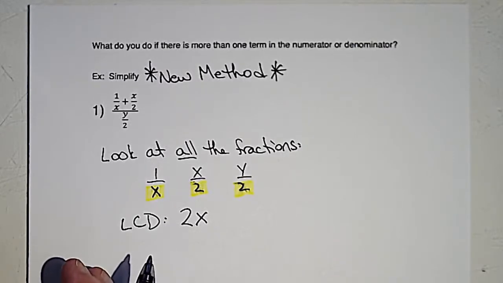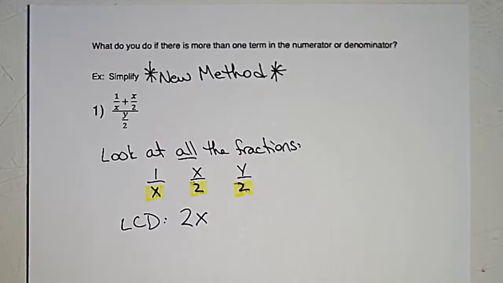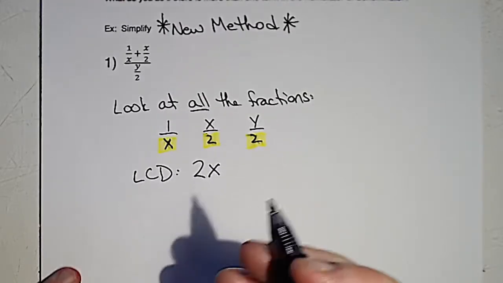Okay, next thing I want to remind you of. When I have a fraction, if I want to keep it the same value, if I want to keep an equivalent fraction, keep the balance in the fraction, I'm going to multiply top and bottom. What does this mean?